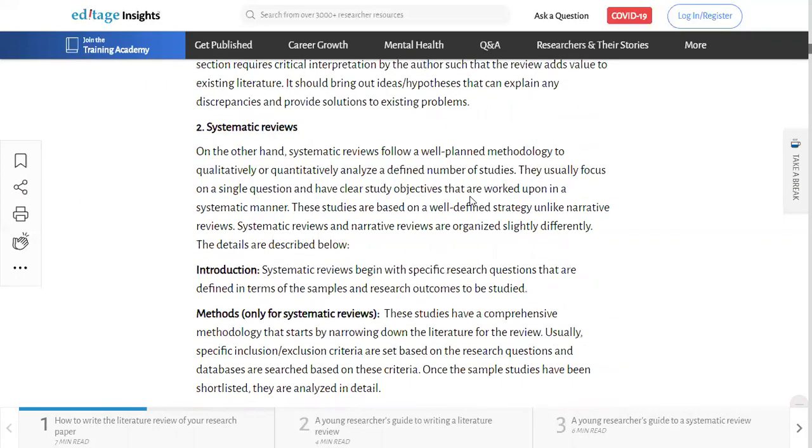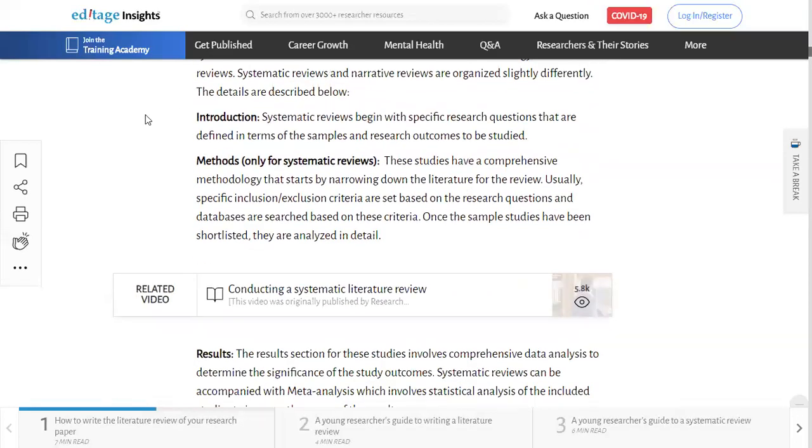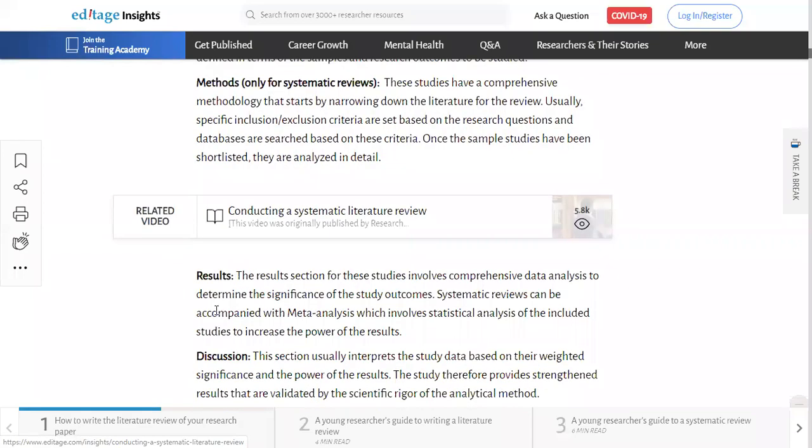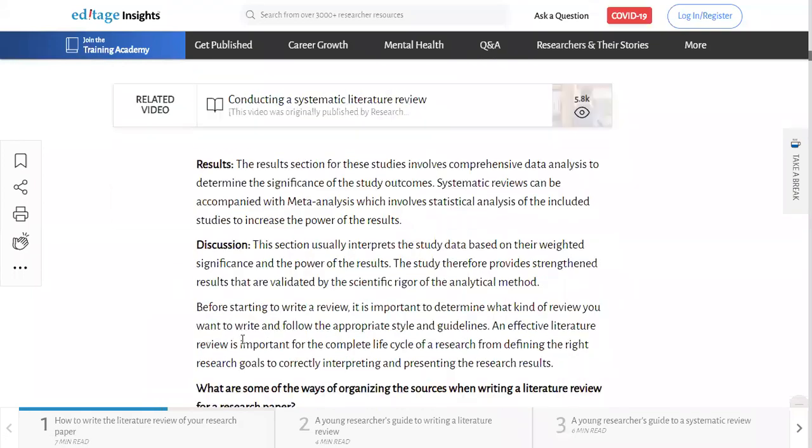The other one is going to use systematic reviews. So what is that? You're going to use, for example, a group of studies, right? And you're going to create a category. When creating the category, what you're going to do is the introduction, right? So you're going to start talking about all of those studies, and then you're going to talk about some little issues related to the methods, the results, the discussions.